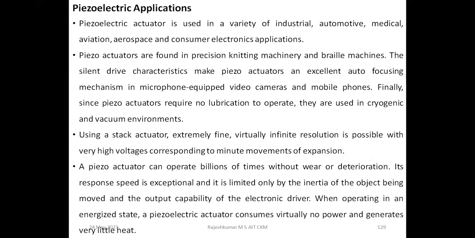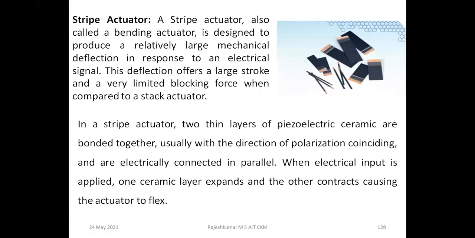So next we will go with respect to the piezoelectric applications. Before going to the piezoelectric applications, generally these piezoelectric actuators have high displacement accuracies, a large maximum amount of force generated, and high responses because of the lower drive voltage and the reduction in the ceramic plates.